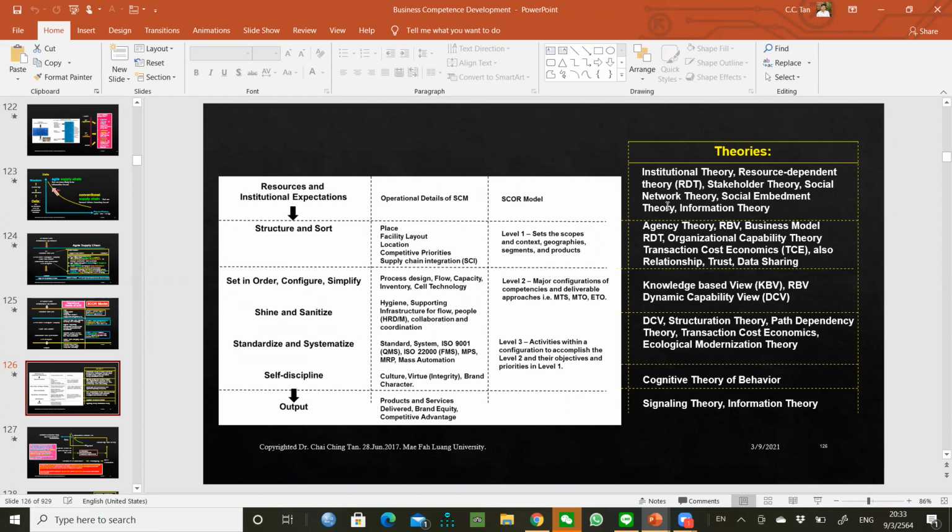You can look into the resource-based view theories and institutional theories, or how you're going to collaborate with each other through organizational capabilities, or making sure that you have a good relationship with outsourcing and make-to-order, or make-to-stock, or whatever. So we're talking about transaction cost economics. Anyway, there are a lot of theories you can apply, right? And knowledge base and dynamic capability, adapting your capability to emerging opportunities and things like that.